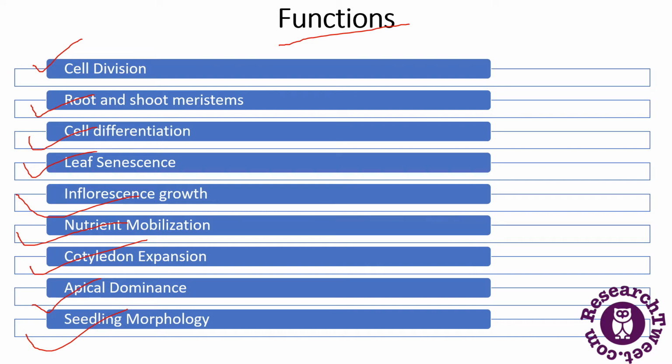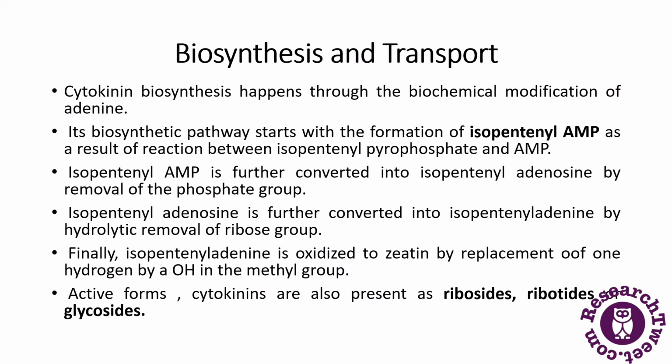In the next slide we will be discussing the biosynthesis and the transport. Cytokinin biosynthesis happens through a biochemical modification of adenine. Naturally occurring cytokinins are adenines which possess either an isoprenoid or aromatic side chain at the N6 position.